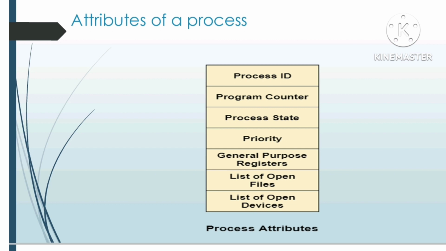Next one is the process state. So what is the process state? There are various states. In the next topic we will see that. And next is priority. Priority shows importance. Whenever any process is created by the operating system, it will generally assign something called priority.